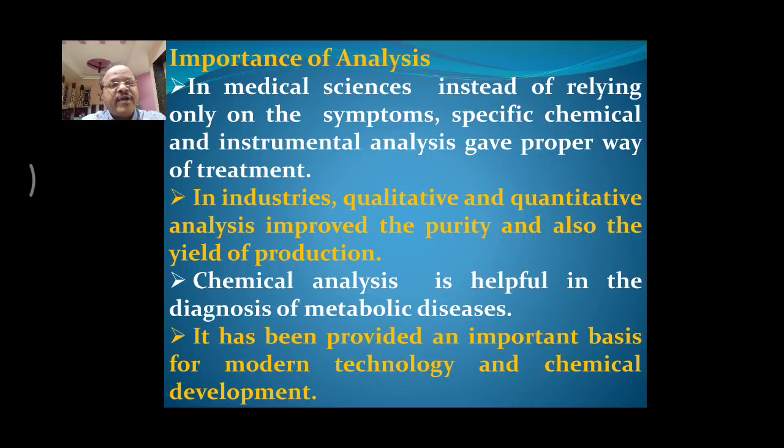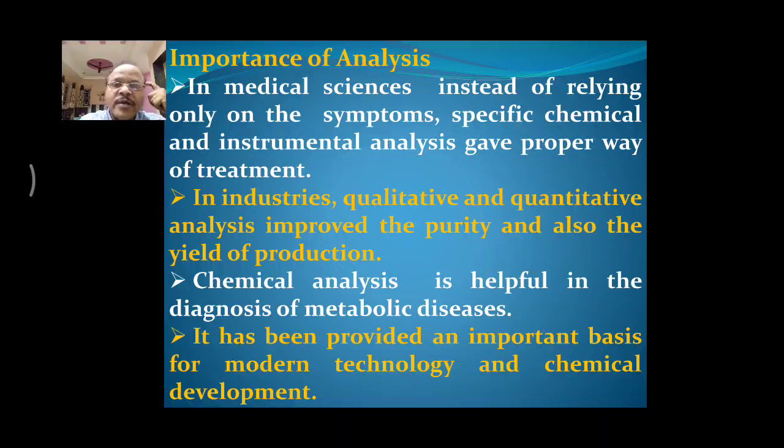Similarly, in different fields, this analysis plays an important role. If we consider the field of medical science, instead of relying only on the symptoms, suppose a patient comes to the doctor. Just by looking at the symptoms, the doctor cannot prescribe a proper treatment.